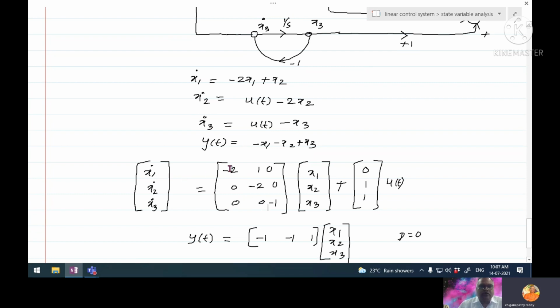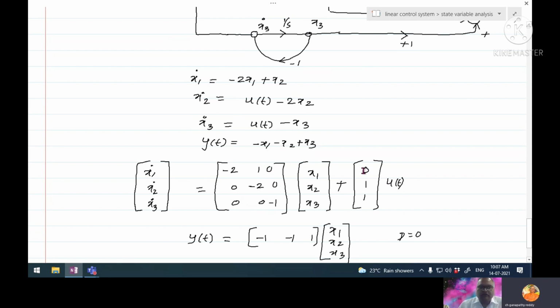So x1 dot is minus 2x1 plus x2. X2 dot is only minus 2x2 here. So here 1 0 0, not all zeros, 1 with remaining zeros. Below, all are zeros.